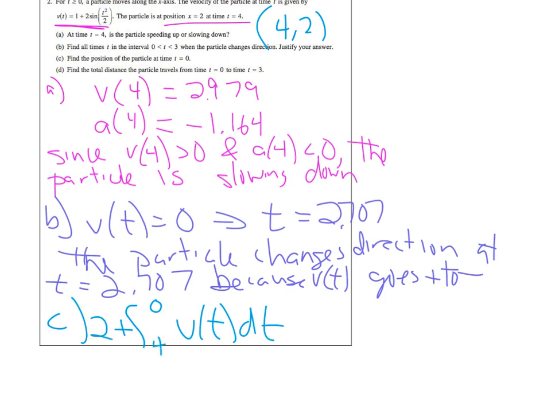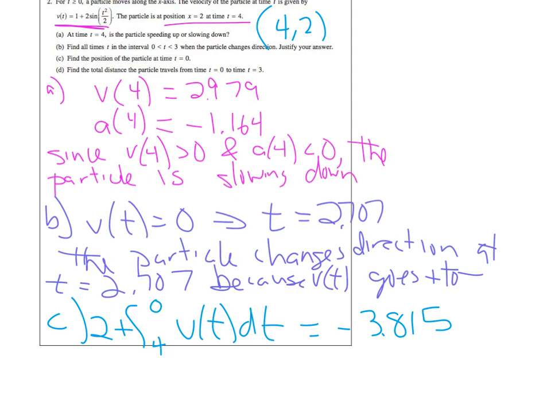So I'm going to do 2 plus the integral from 4 to 0 of v of t dt. Now if it makes you uncomfortable to say 4 to 0, you could also say 0 to 4 as long as you subtract, because this is a backwards move. Either way, you can put that in your calculator and you should get negative 3.815.